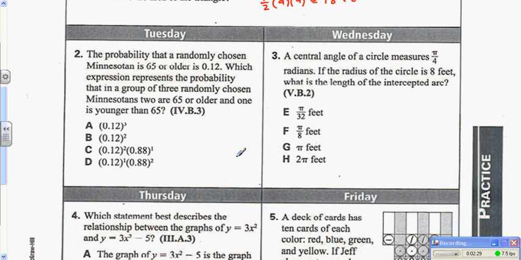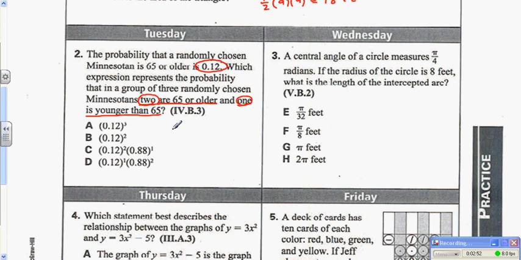The probability that a randomly chosen Minnesotan is 65 or older is 0.12. Which expression represents the probability that in a group of 3 randomly chosen Minnesotans, 2 are 65 or older, and 1 is younger than 65?